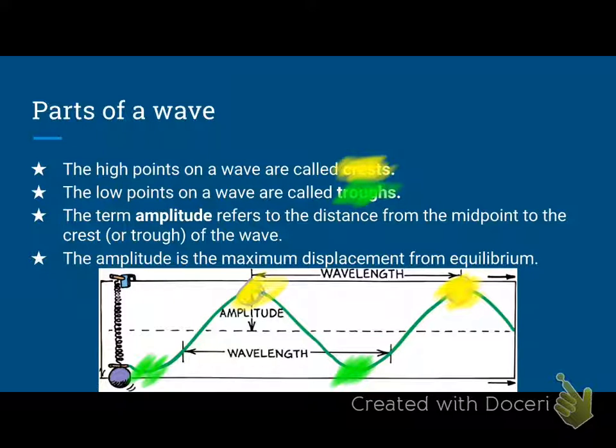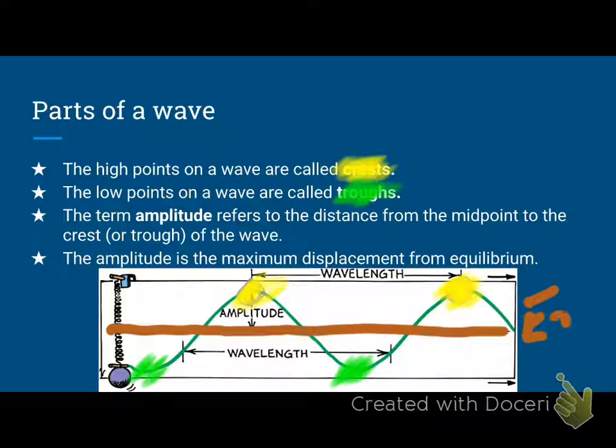The distance from equilibrium, and equilibrium is that line in the middle there, where if there wasn't any wave, this is our equilibrium. If there was no wave, where would the matter be? That's the equilibrium position. The distance from that equilibrium position up to the crest is what we call the amplitude.